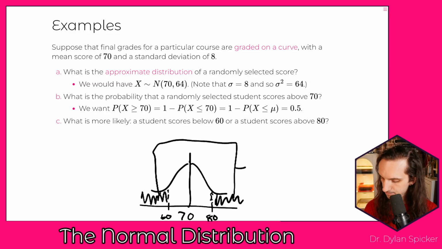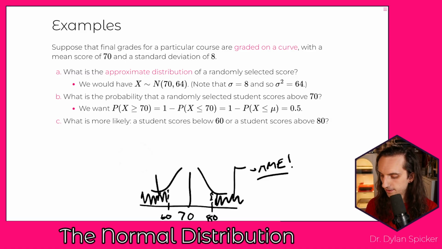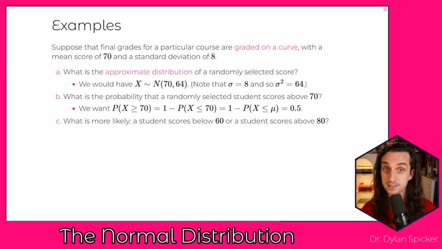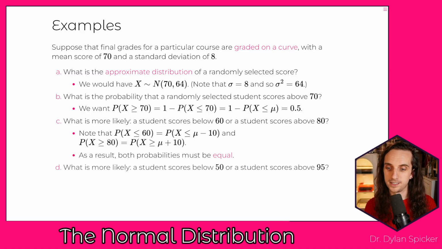So this is the same, and that area is exactly our probability. As a result, a student scoring below 60 or a student scoring above 80 have to have the same probability because of the symmetry of the normal distribution. The probability that x is less than or equal to 60 is the probability of x being 10 below the mean. The probability of x being greater than 80 is the probability that x is 10 above the mean. And so they have to be the same probability there.